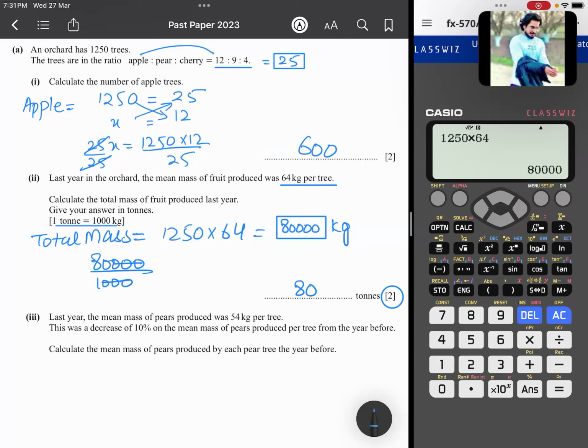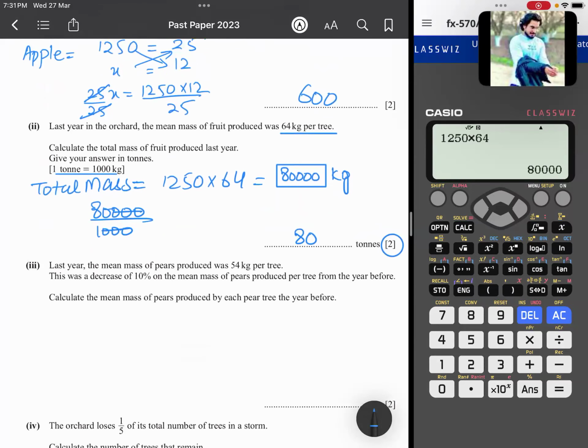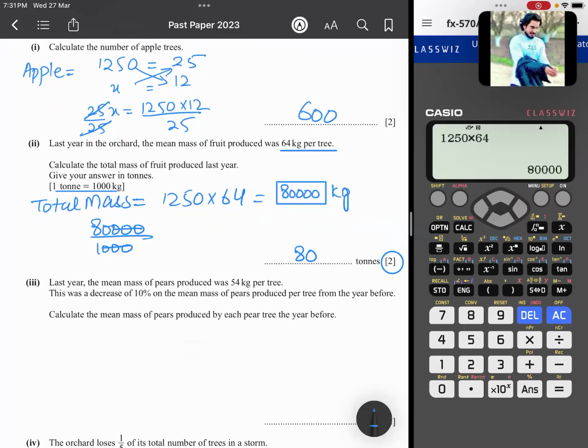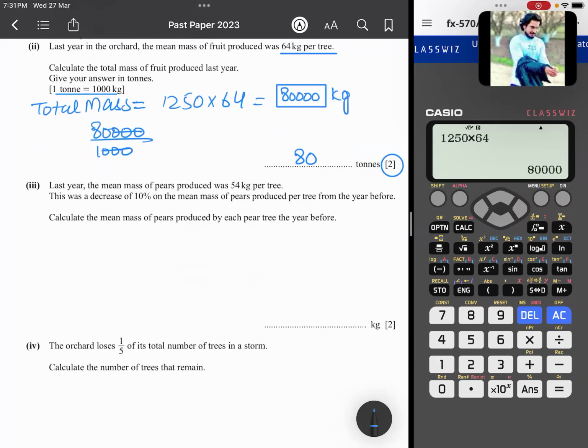Yes sir. Okay. Then they say that last year the mean mass of pear produced was 54 kg per tree. This was a decrease of 10% on the mean mass of pear produced per tree from the year before. We don't have any values here, so we will write here year before and today.